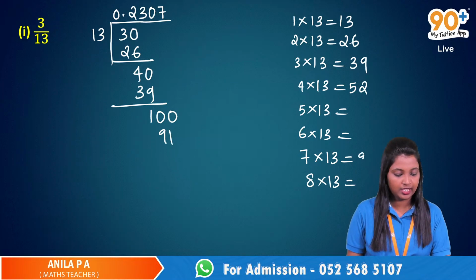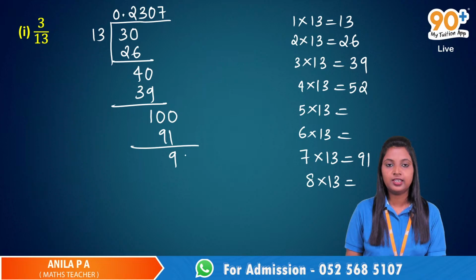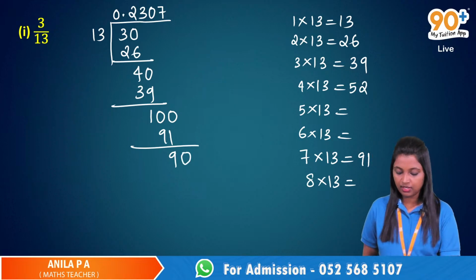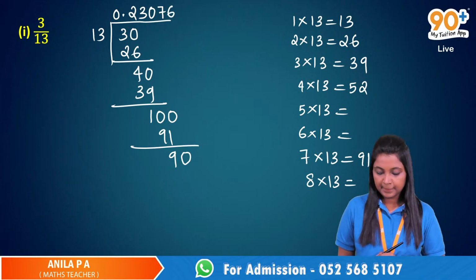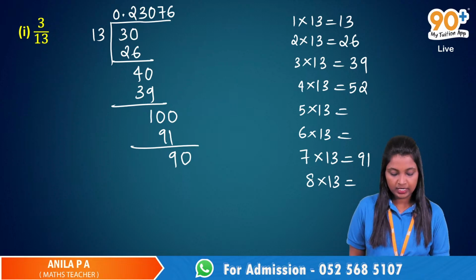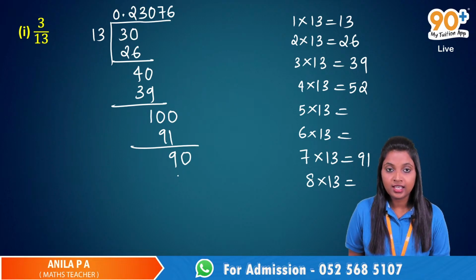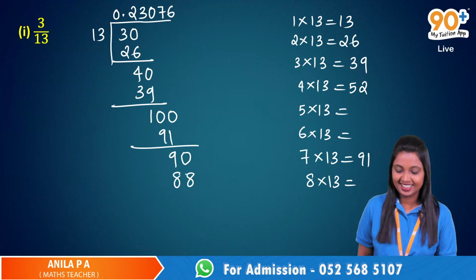And the remainder is 9. Then we add 0, so we do by 6. 6 13s are 80... 83... 88.